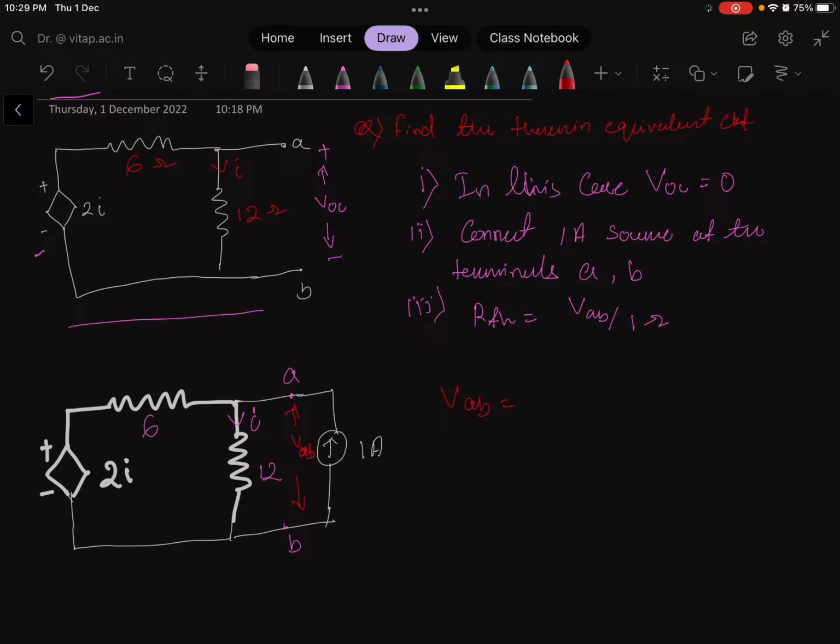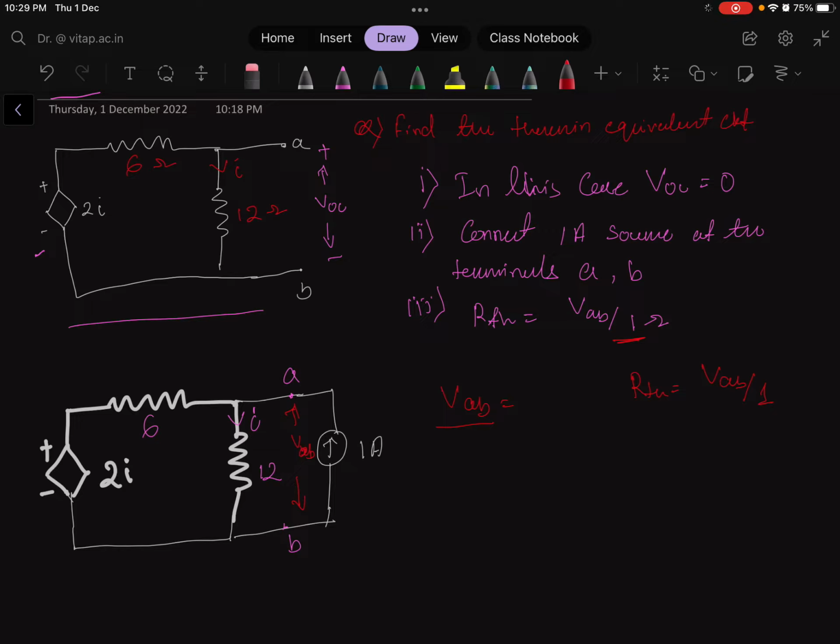This VAB will be used to calculate the RTH. So, we need to find first VAB, then we will calculate our RTH, that is equal to VAB divided by 1. So, 1 ohm resistance I have written here, so divided by 1. With this 1 ampere connected we need to find the value of VAB.